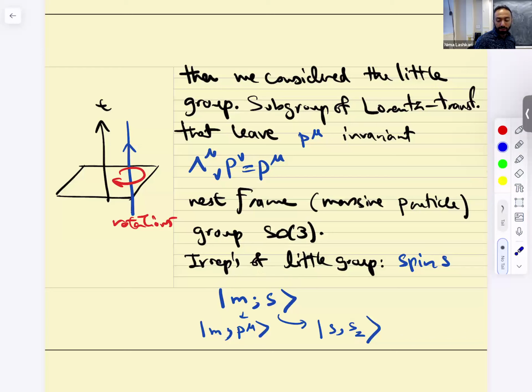So you know how to explore different spins, right? This is the standard representation of SU(2). How do you change p mu? Translation takes p mu to p mu plus a. Boost. Boost. Good? All right.